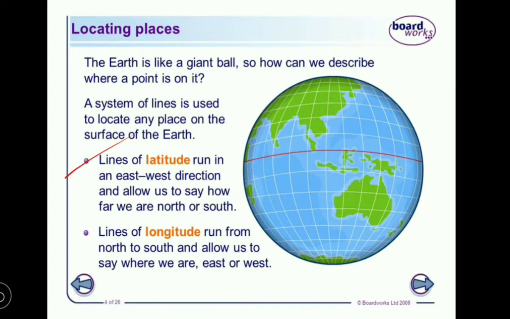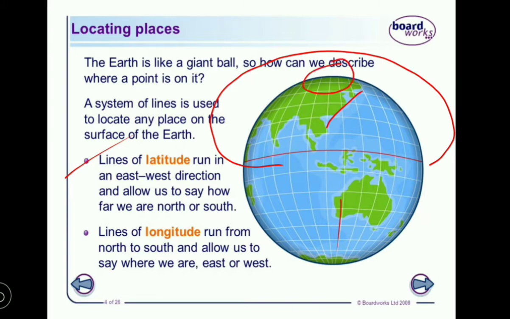Latitudes run from east to west, and these are full circles. They include the 0 degree line, the equator. It is the great circle in the middle of the globe. The equator divides our earth into two halves: one is the northern hemisphere, the other is the southern hemisphere. Towards the poles, the latitude circles decrease in size.